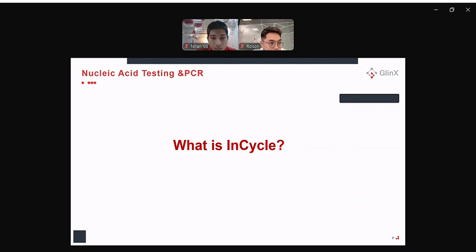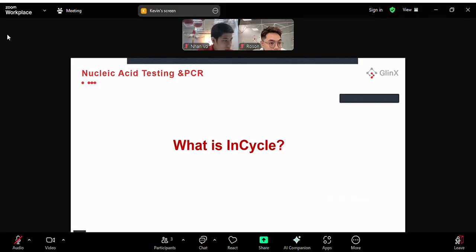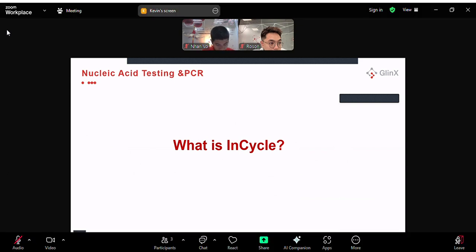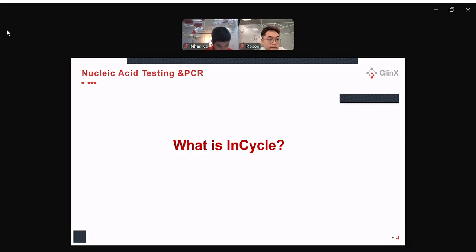The InCycle machine is a fully automatic in-clinic nucleic acid testing equipment, and it integrates the nucleic acids extraction, purification, and the PCR amplification and detection together within a whole system.